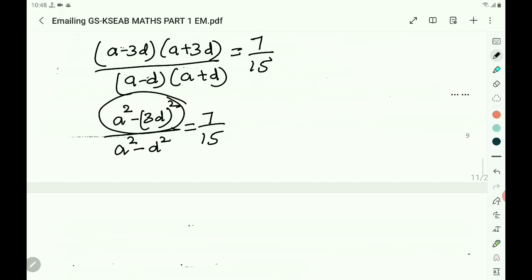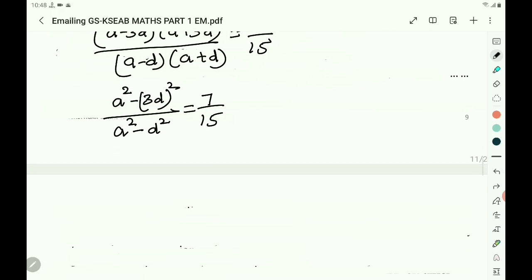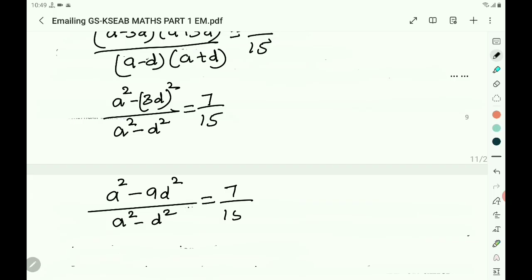Then write A square minus 3D whole square as A square minus 9D square. So 9D square by A square minus D square equals 7 by 15.